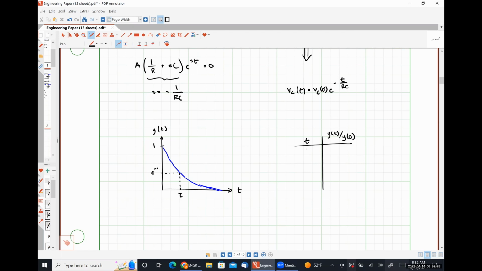So at 1 tau, we're going to have e to the -1, which I believe works out to be somewhere in the ballpark of 37%. I'm going to use my calculator to figure it out really quickly, because I don't remember what all these fractions are off the top of my head. 36.788%.